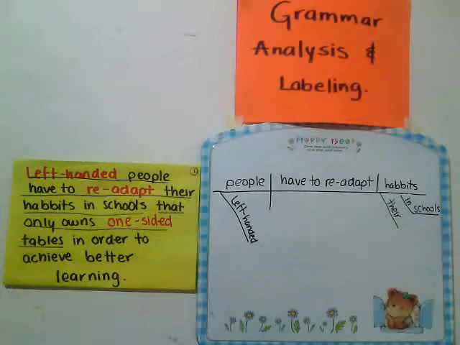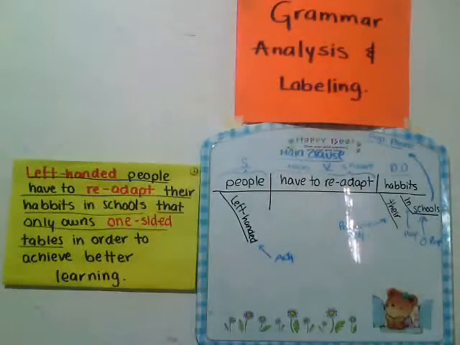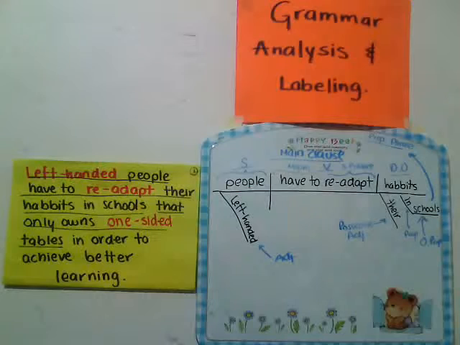Left-handed is its adjective. Have to readapt is the verb. Have to is the modal and readapt is the verb. Then we have the direct object, habits. Under habits we have to put their and in schools. Their is the possessive adjective and in schools the prepositional phrase. In is the preposition and schools is the object of the preposition.